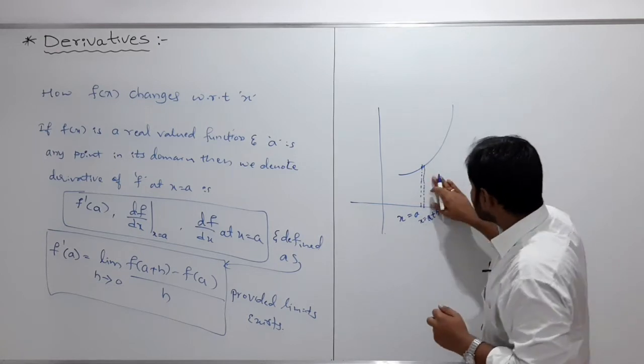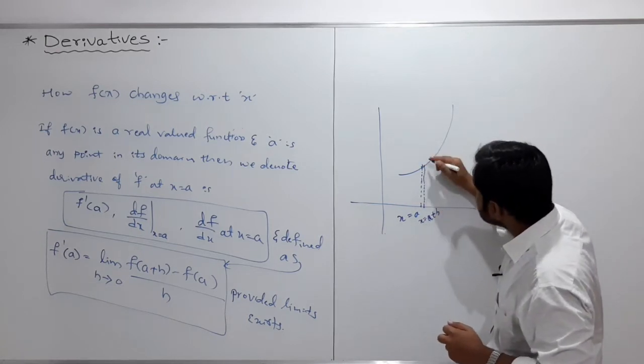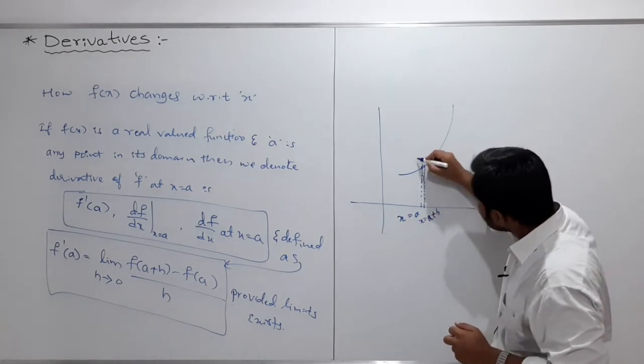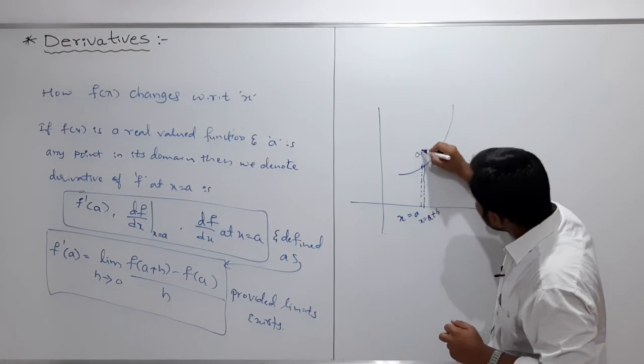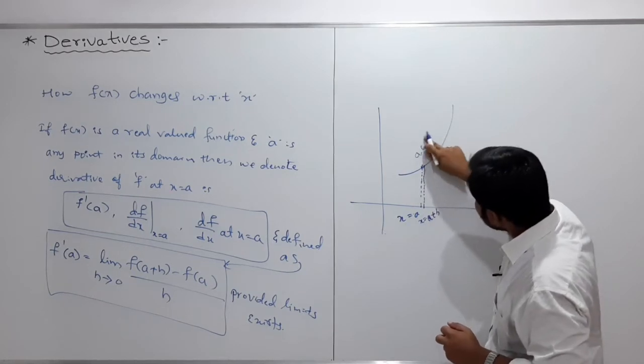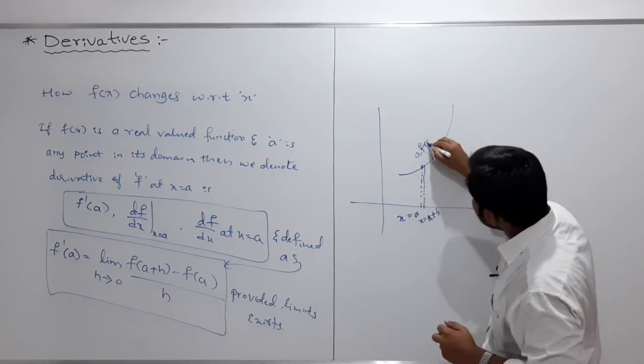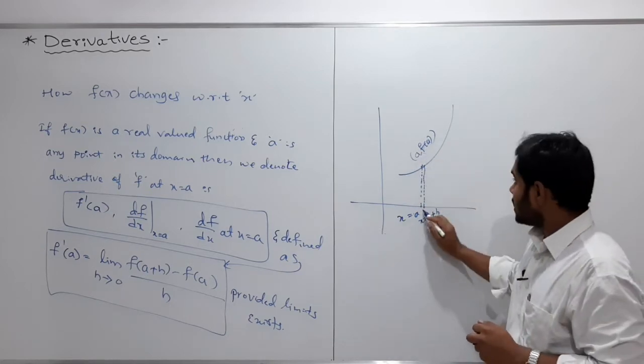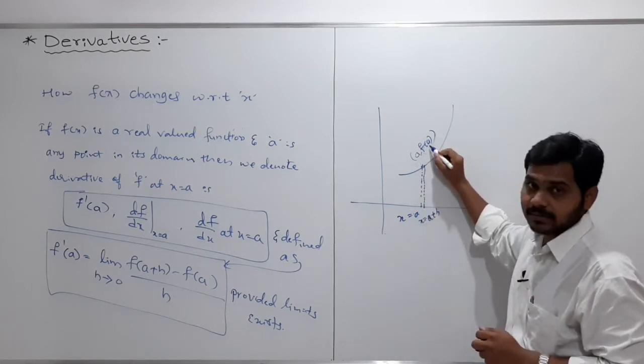So now, my dear students, we know what this point on the curve at x is equal to a is. This point we can write as a comma f of a, because a is the x value and f of x is nothing but the y value.